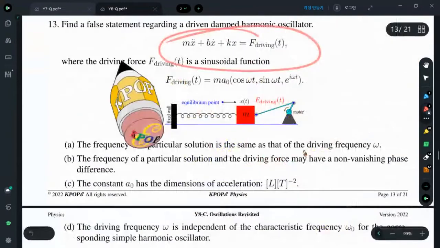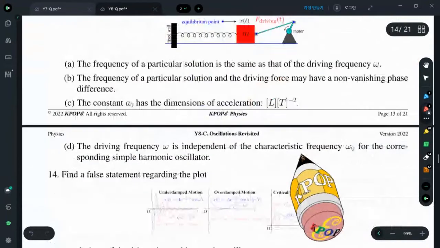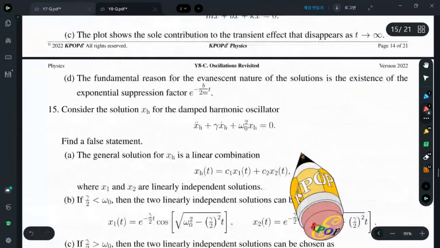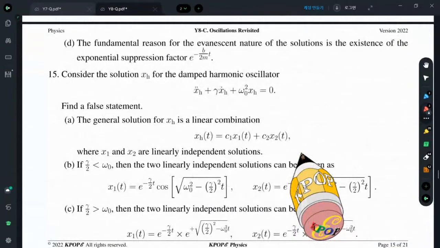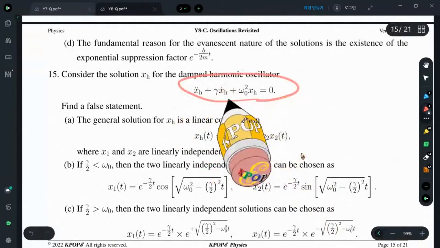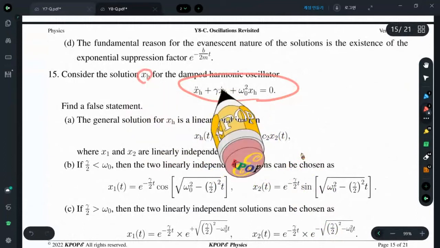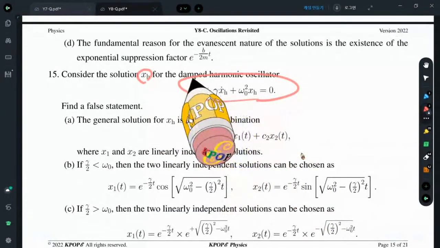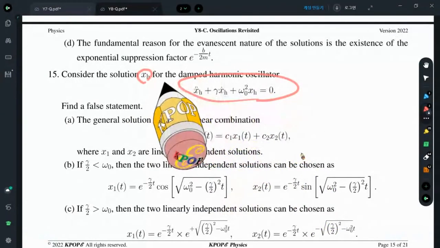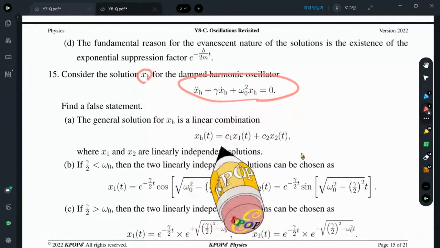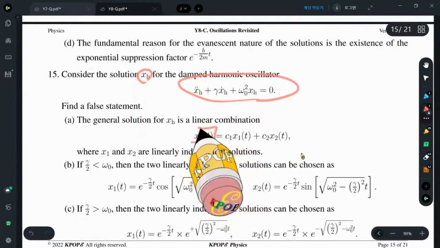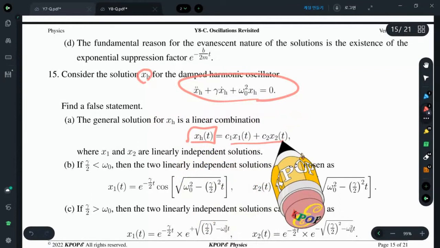So solution of this one can be expressed as a linear combination of XH, that is called damped harmonic oscillator solution, and in mathematics they call it a homogeneous equation's general solution.